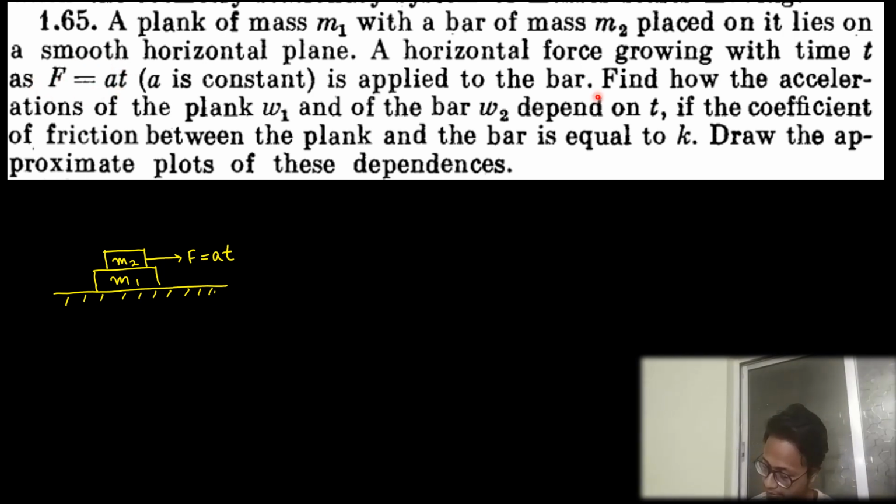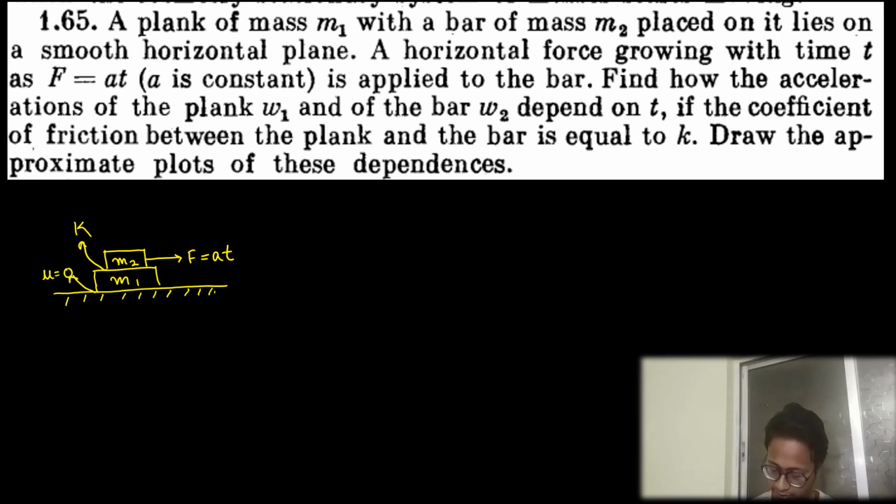Find how the accelerations of planks w1 and w2 depend on t if the coefficient of friction between the bars is equal to k. That means the coefficient of friction between these two blocks is given as k, and the coefficient of friction between the ground and block m1 is given as 0. Why?